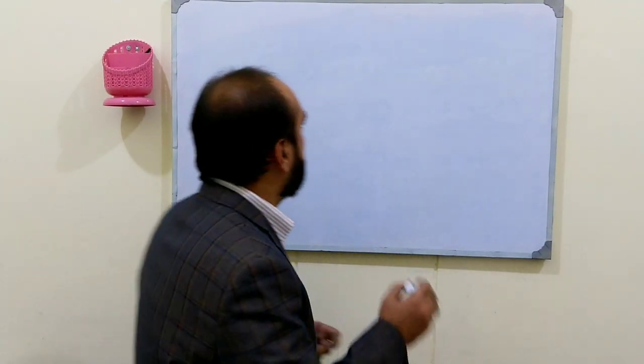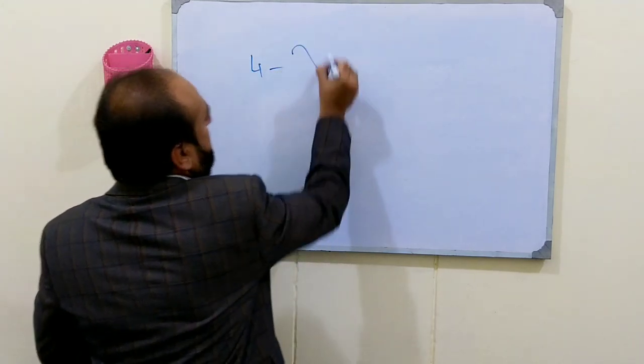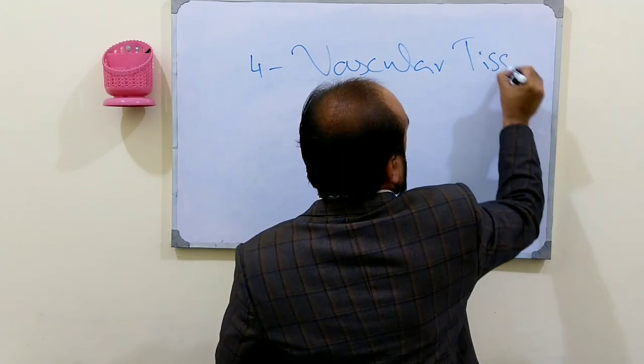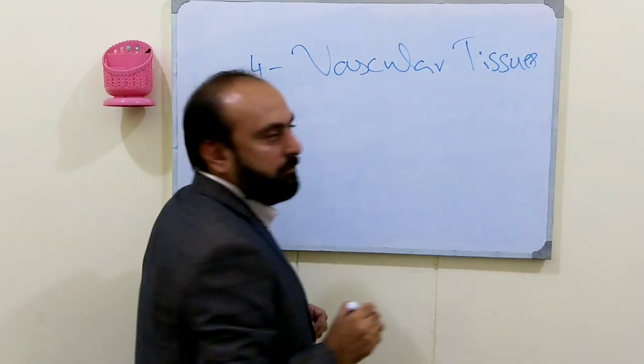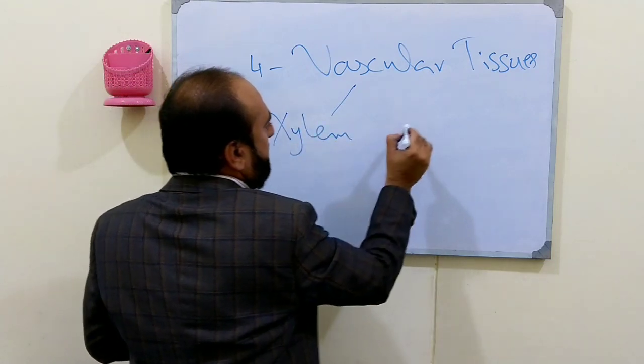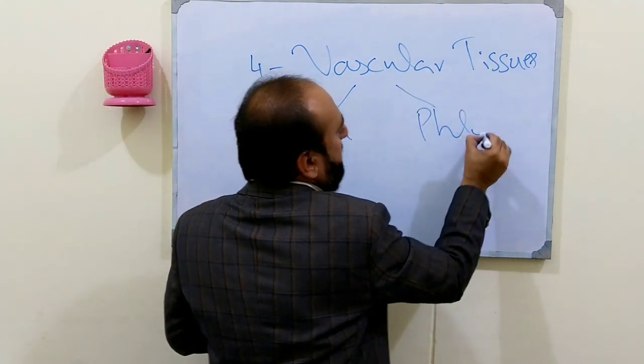The last type of tissue that we are going to discuss is vascular tissues. Vascular tissues are xylem and phloem.